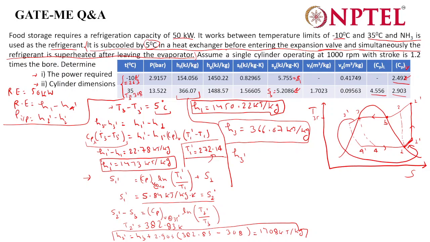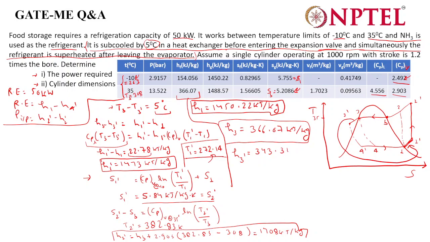The enthalpy difference of this value is the same as the enthalpy difference of this value, and this we have already calculated: Cp of liquid at this temperature and pressure, multiplied by the temperature difference, right? 343.3.